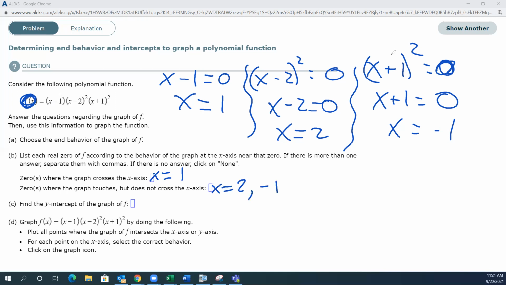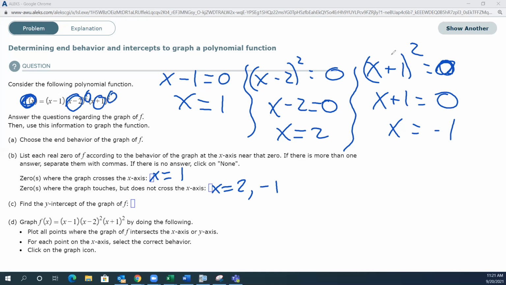How do I know that? Because this factor of x minus 1 that gives us the x-intercept, or the zero of 1, occurs only once. It's just x minus 1 in the function. But x minus 2 occurs twice, and x plus 1 occurs twice.